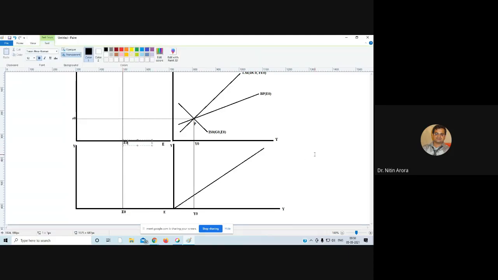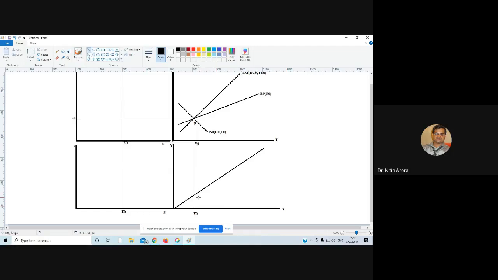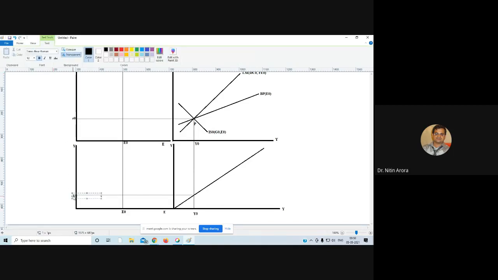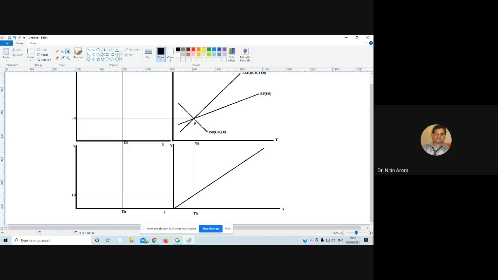If I draw the income level from this 45-degree line, this comes out to be here, Y naught. Okay. It means my current account equilibrium line, that is NX is equal to 0 line, will pass through like here. This is NX is equal to 0 line.